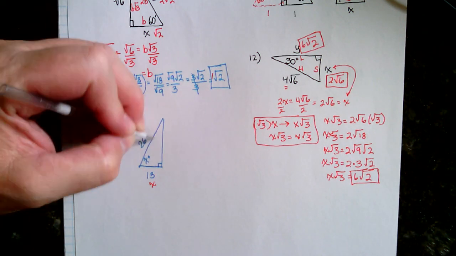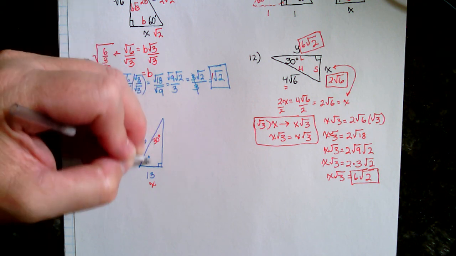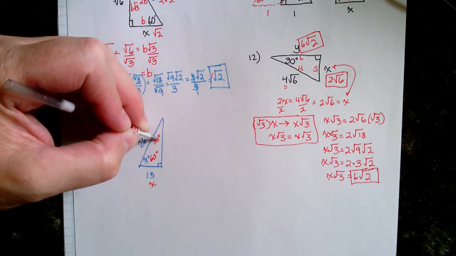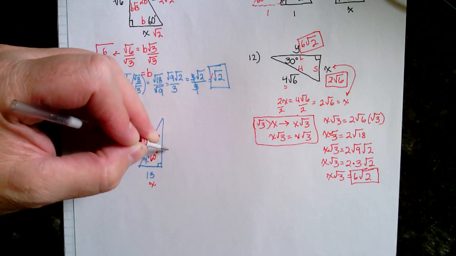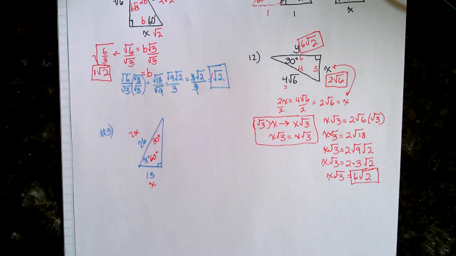Here's 90. Angles always open up to their opposite side, so 30 degrees, in other words, is smaller, so it's going to open up to the smaller side. 60 degrees is going to open up to a bigger side, and then the hypotenuse is always the biggest.